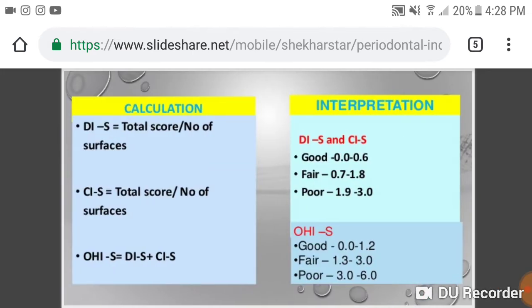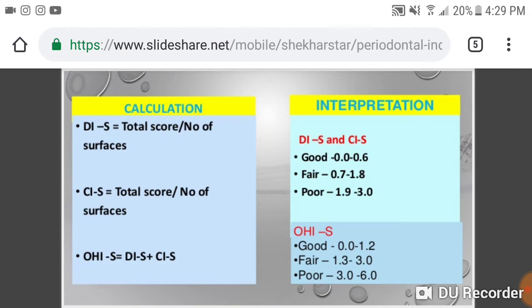Calculation, we have DIS equal to total score over number of surfaces. For the calculus index, we have total score over number of surfaces. Oral hygiene index simplified is debris index simplified plus calculus index simplified. Interpretation, debris index simplified and calculus index simplified. For good we have from 0 to 0.6.